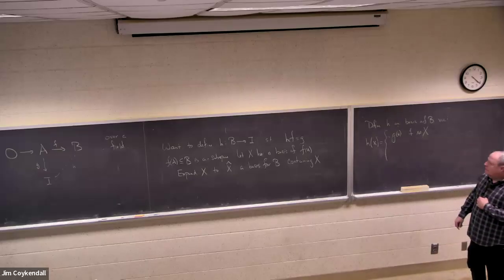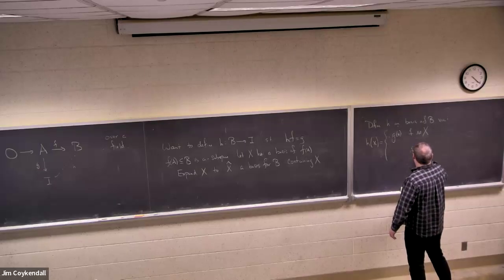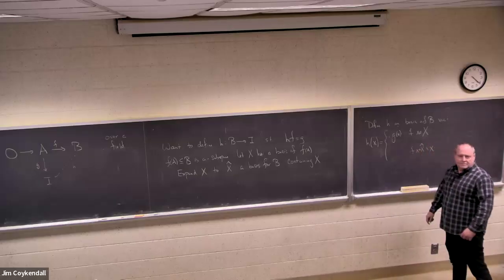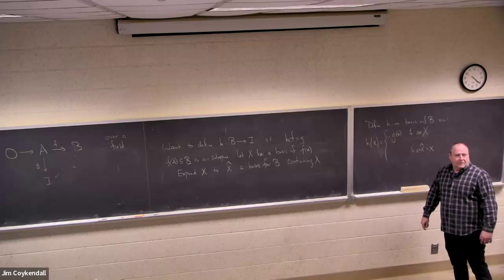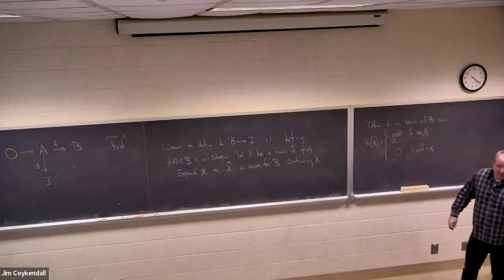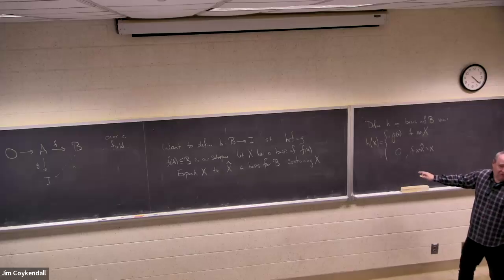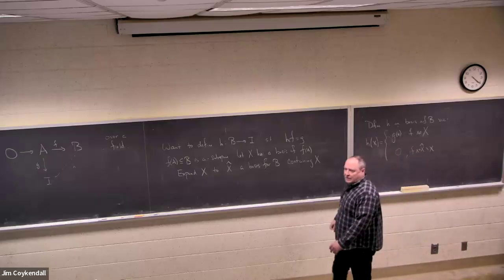And what if not? Well, if it's in X but not in F of A, send it to 0. That's the easiest. Actually, you can send it anywhere you want. You can just make up random values, it's still going to work, right? But sending it to 0 is the easiest thing to do.